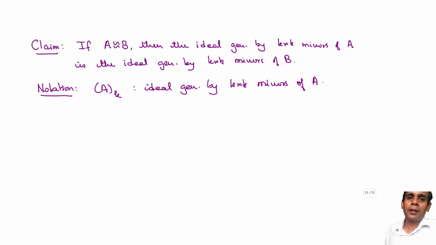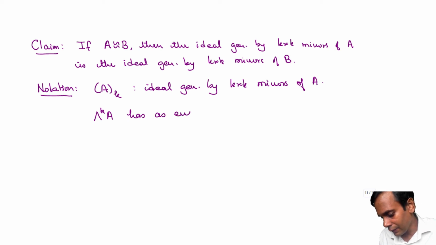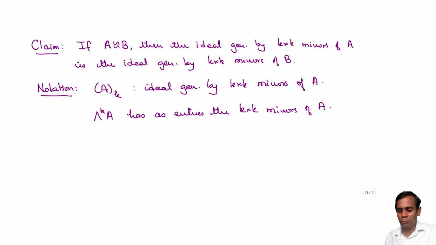Now recall from the lecture on tensor algebras and exterior algebras that wedge k of A has as entries the k by k minors of A. So this matrix corresponding to wedge k of A on the kth exterior power has as entries the k by k minors of A. We did that for square matrices, for matrices over a field, but it works equally well over a ring.